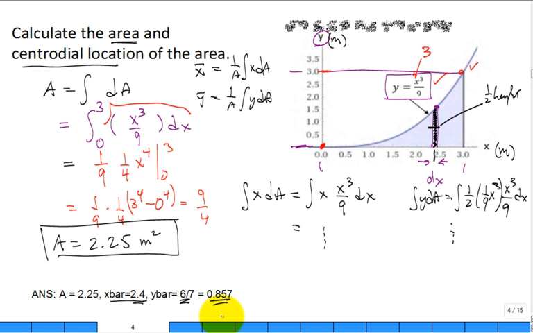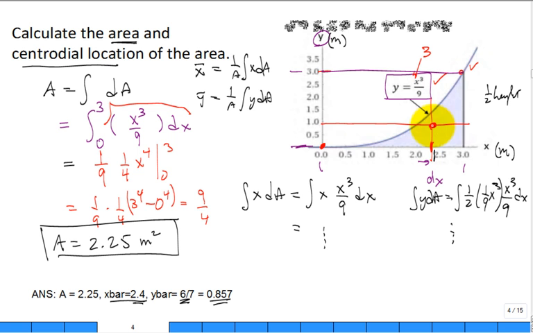Whenever you calculate these, maybe it's a good thing to try and draw them on your plot to see if they make sense. This is about 2.4 right in there, and this is about 0.89, right in there. Does that look like the centroid of that area? After you get a little better at it, maybe it looks reasonable.